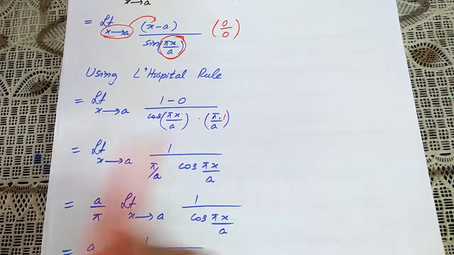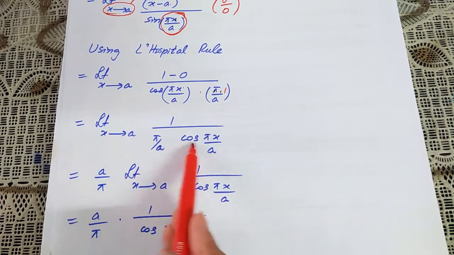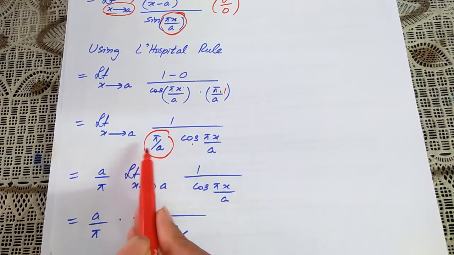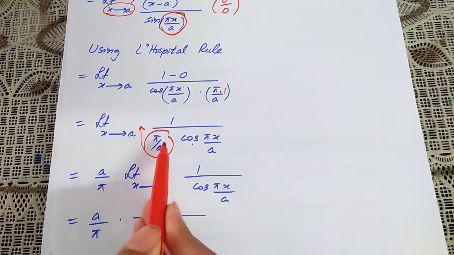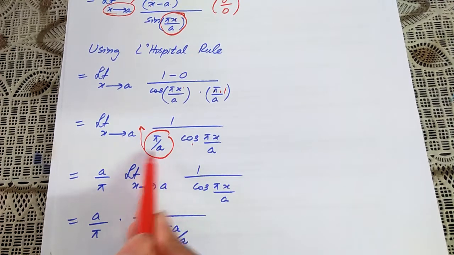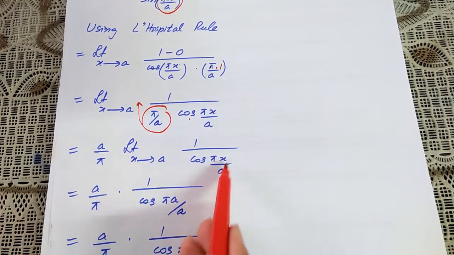So we got 1 over (pi over a) cos (pi x over a). This pi over a is in the denominator. When we move it up, it will just be reversed. We will get a over pi, and we will be left with 1 over cos (pi x over a).